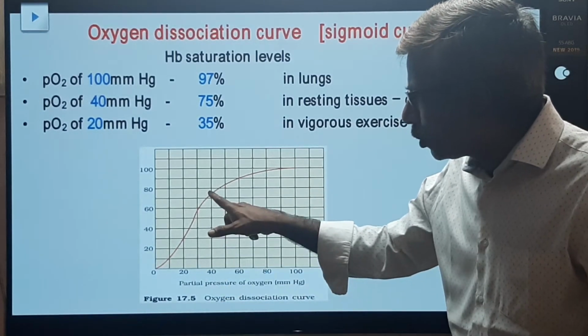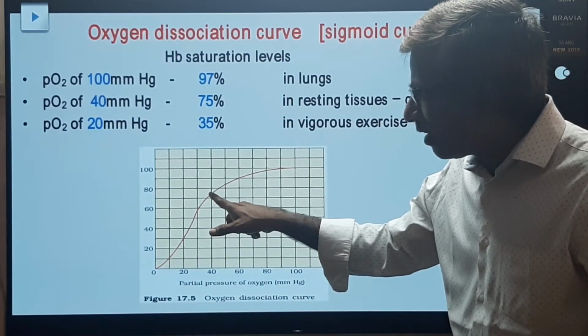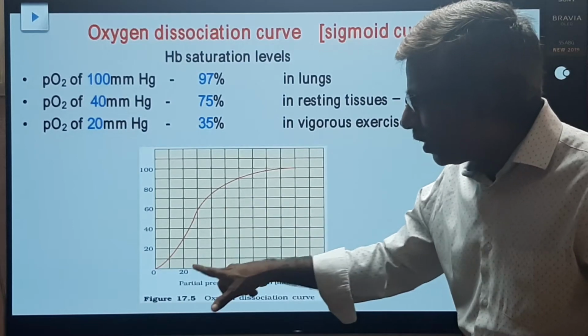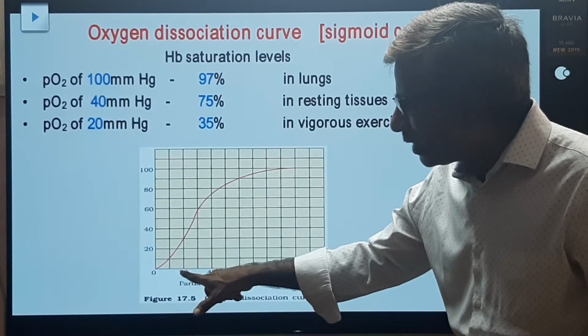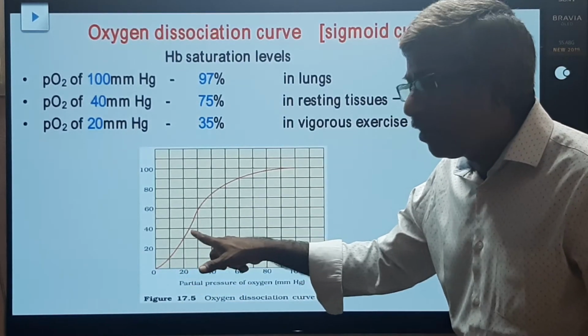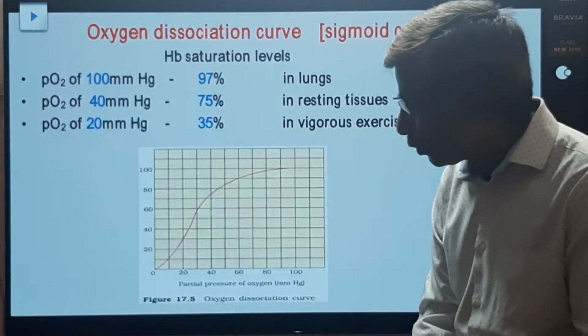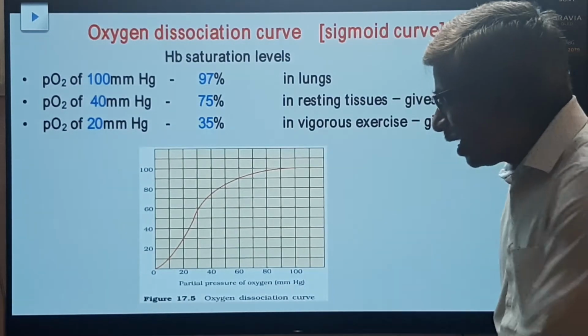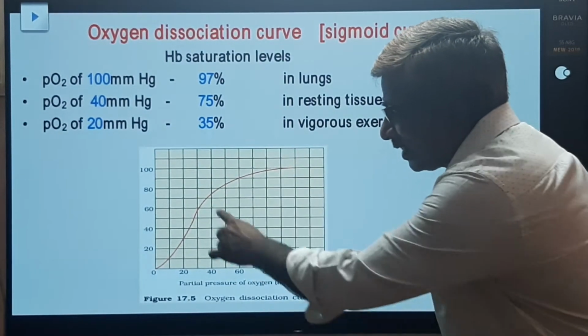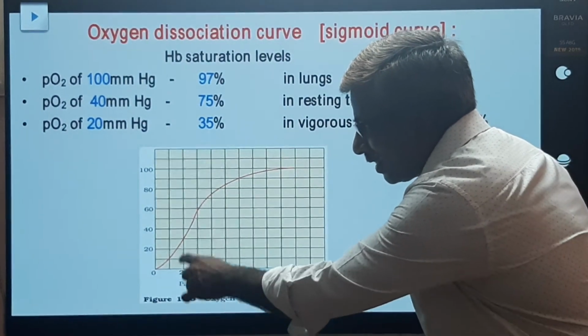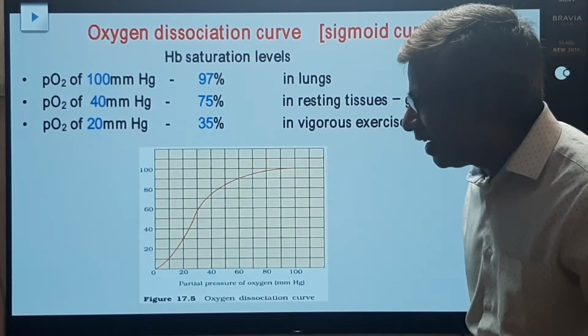This is the resting tissue, 40, saturation 75, delivered 22. This is the exercising body, saturation 35, delivered 62% of oxygen to the tissues. This is in the lungs, this is in the resting tissue, this is in the exercising skeletal muscles.